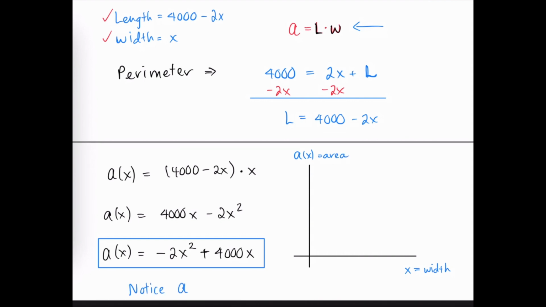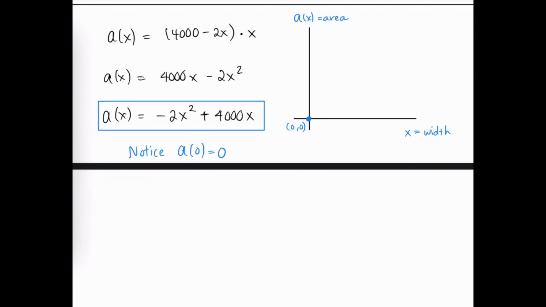Notice that the area evaluated at 0 is going to be 0 because when I plug in 0 for each of these x values, the output is 0, which means that the ordered pair (0, 0) is a point on our graph. But if we think about that from our concept drawing, that should also make sense. Remember, x, the input value, is the width. If there's no width, that means basically the fence is just laying straight down by the river. So it's not enclosing anything, and there's no area.